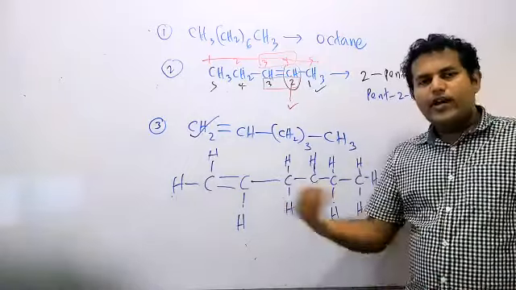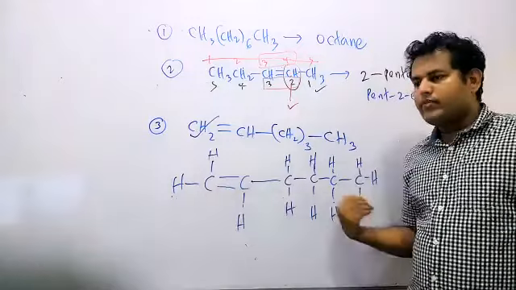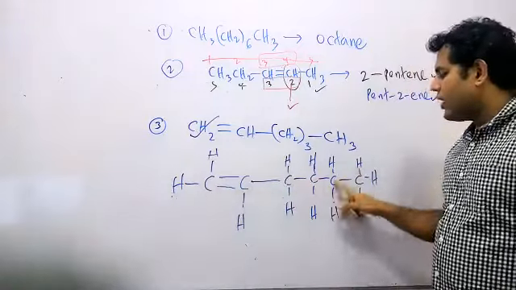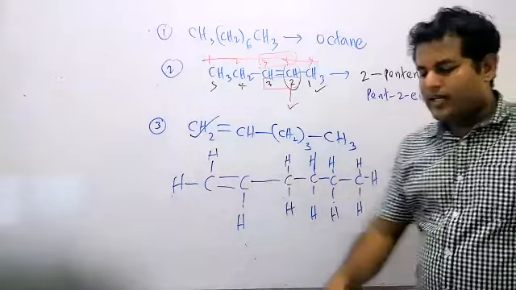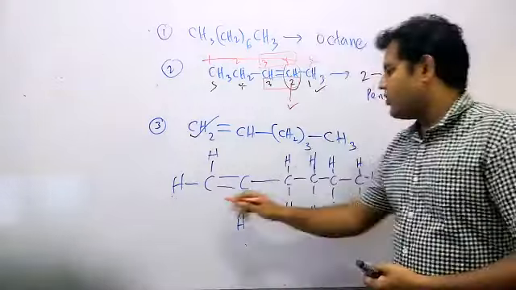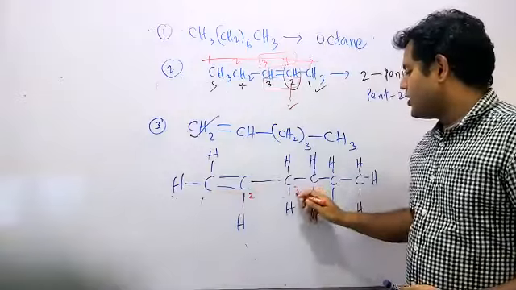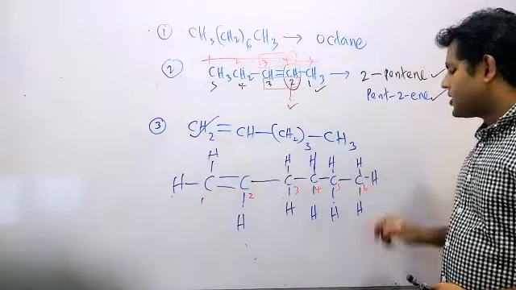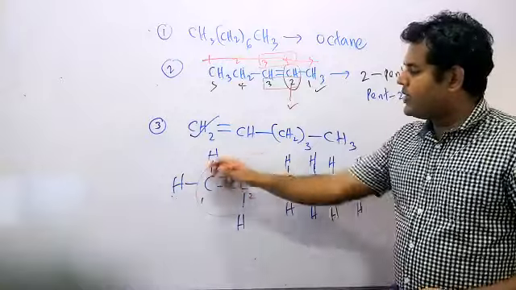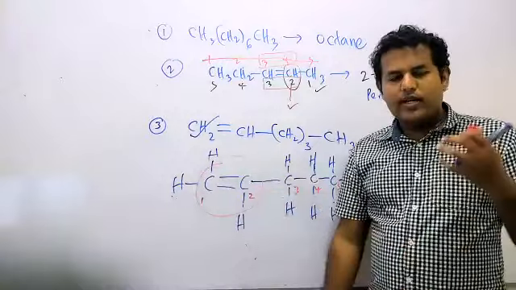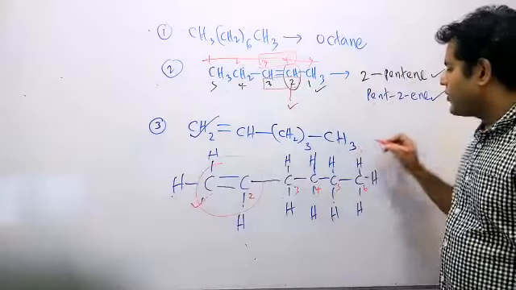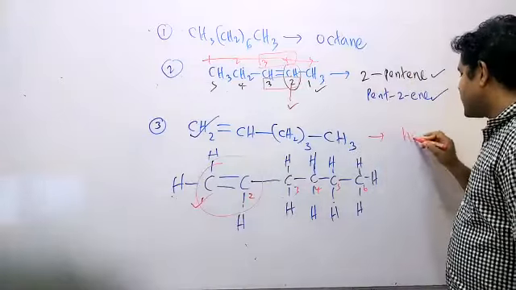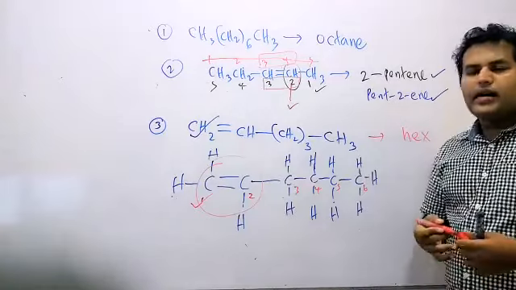So from where to where do we number? From here to here. 1, 2, 3, 4, 5, 6. So there are 6 carbons. The double bond is between the first and second carbons, so we write the lowest number, that's 1. 6 carbons means hex.